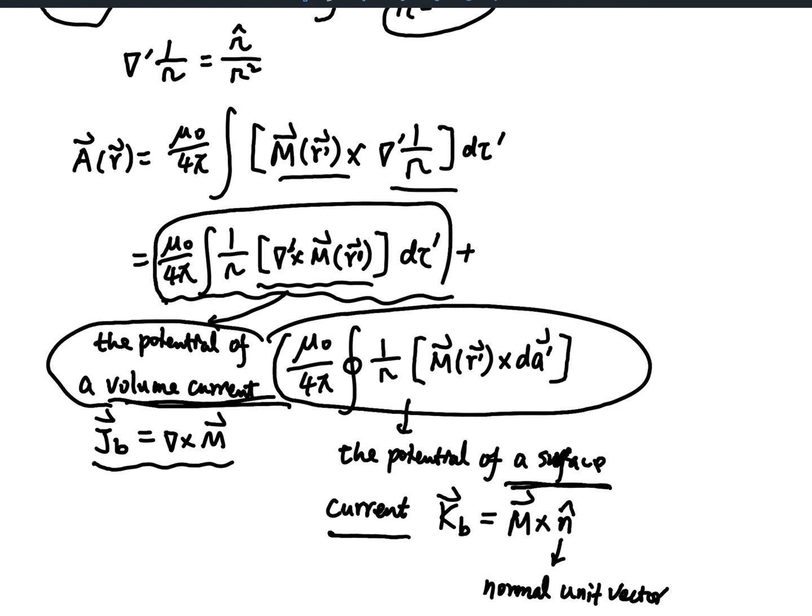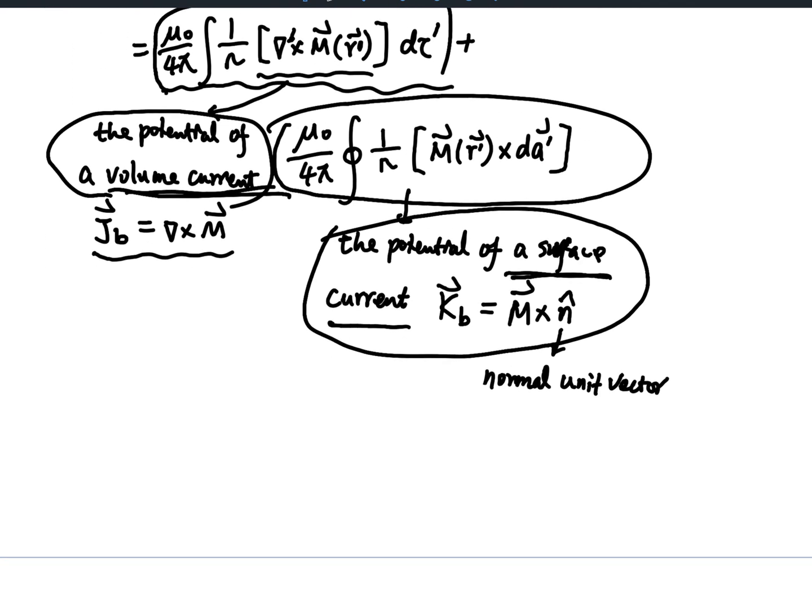You calculate the potential for this volume current, calculate the potential for this surface current, and then add them together and you get the vector potential of this magnetized object. I think you should know it very well. I put a B there to indicate this is what we call the bound current.